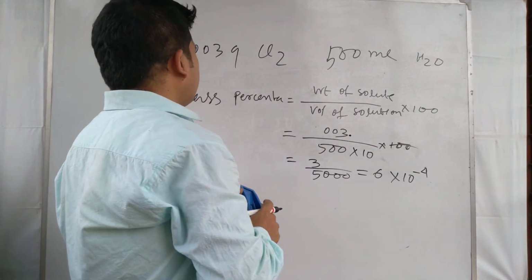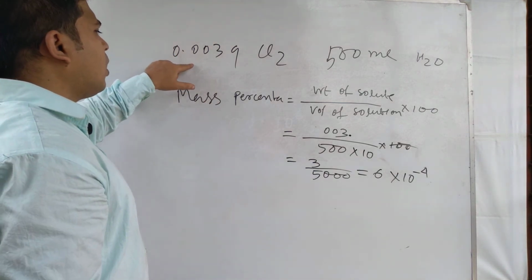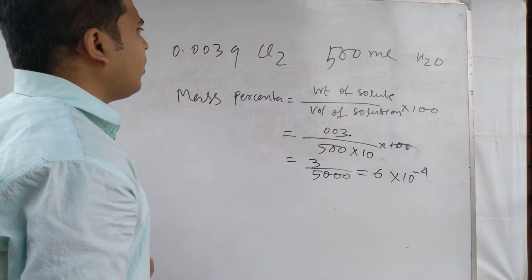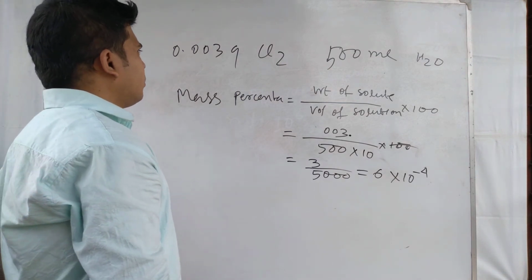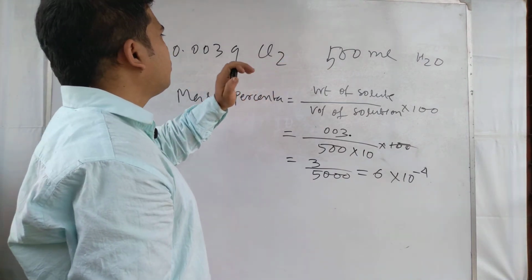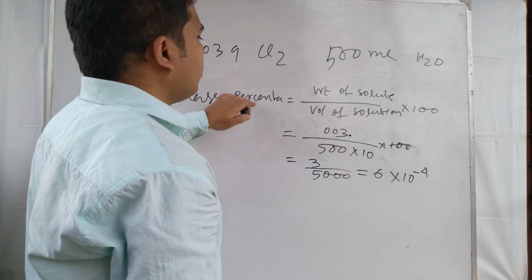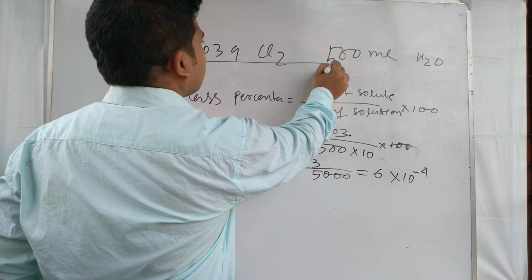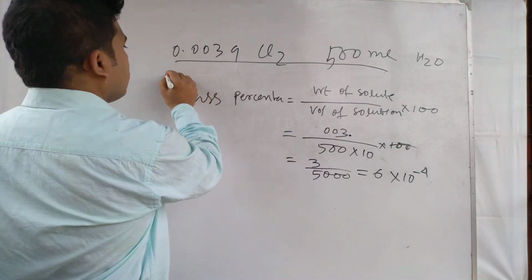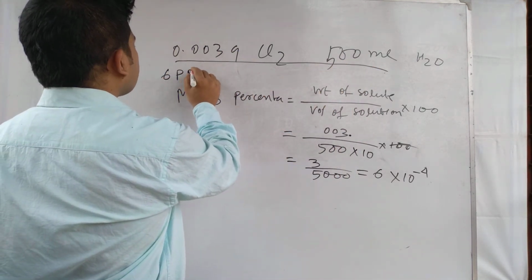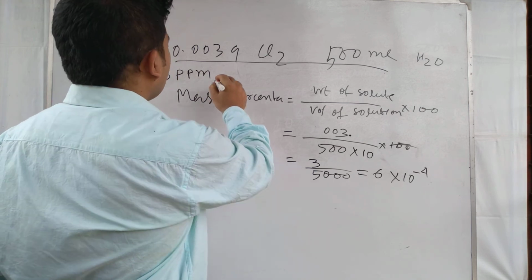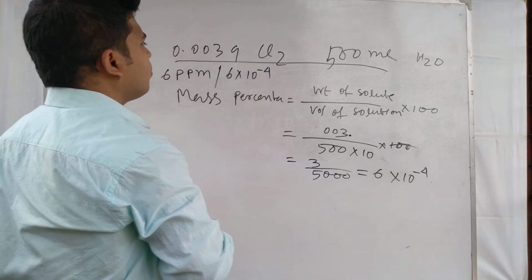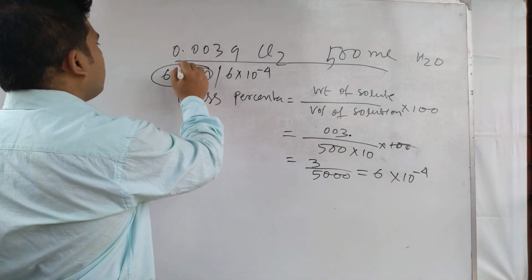Okay, this is the mass percentage of the chlorine when dissolved in 500 ml of H2O. So now the question is, express the concentration of this solution as 6 ppm or 6 into 10 to the power minus 4, which is the better one? This one, ppm, is the better one.